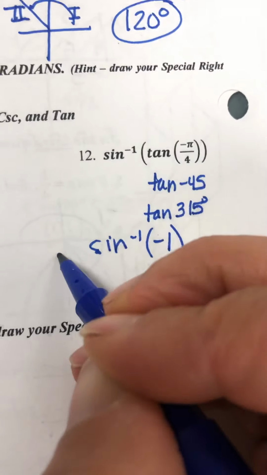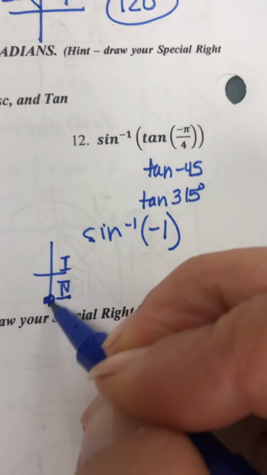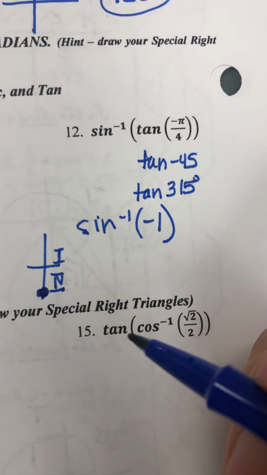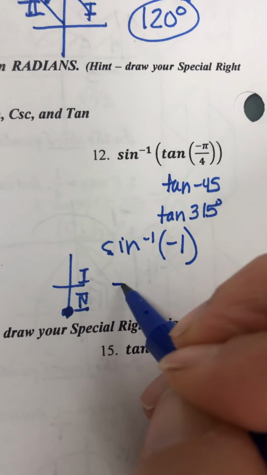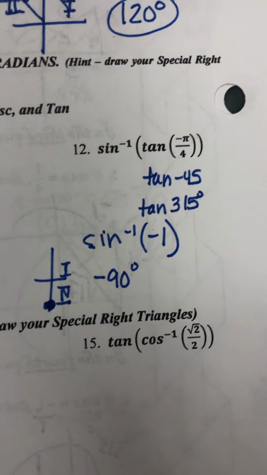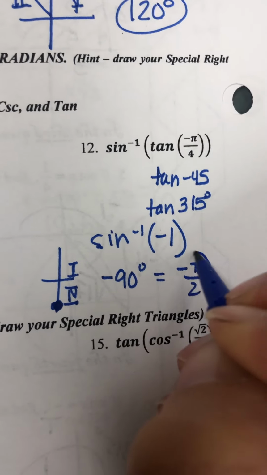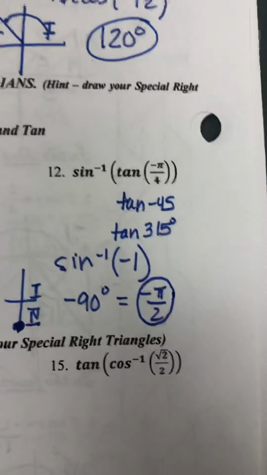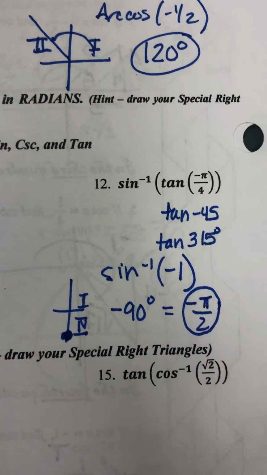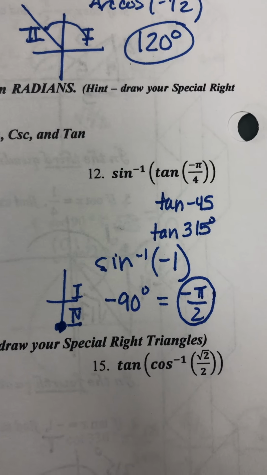So now I'm saying which angle in the restricted domain for sine has a sine of negative 1, which is negative 90 degrees, aka 270. But we want to answer in radians, so it's going to be negative pi over 2.